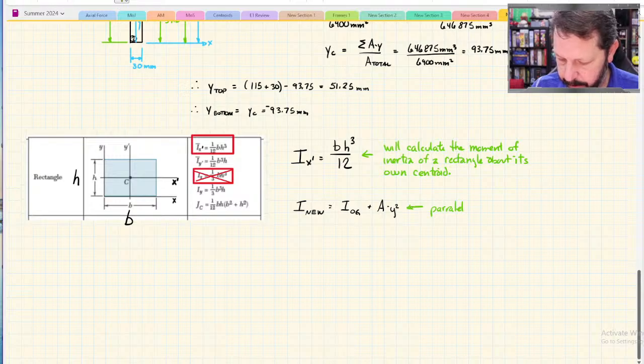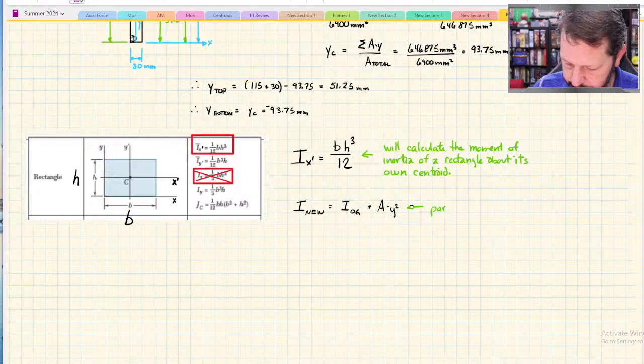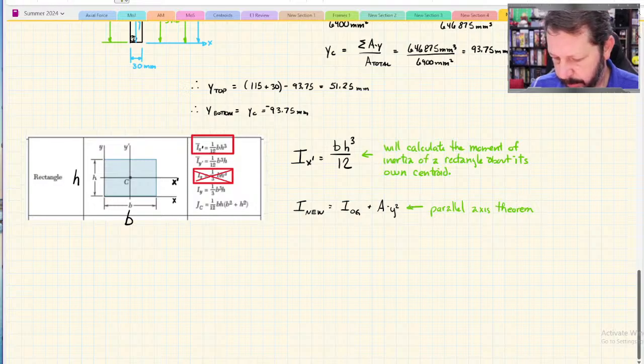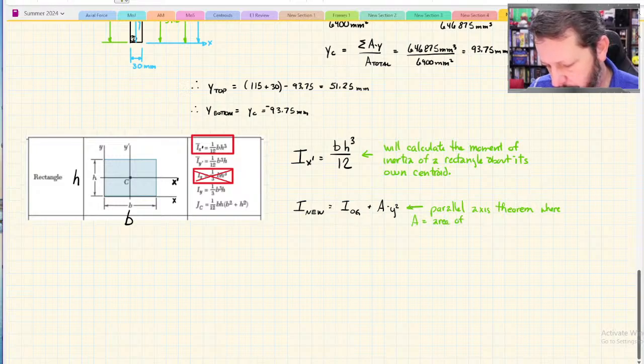How do you spell parallel? Like that? Parallel axis theorem, where in all cases, A is the area of the part.